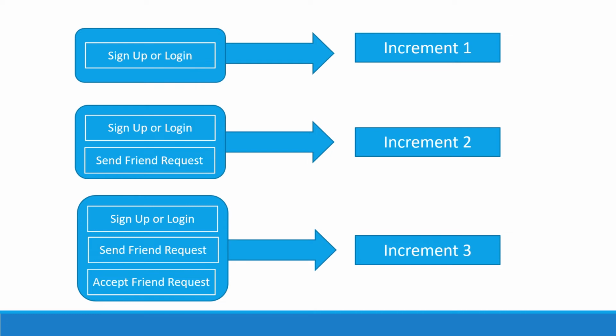After the sign up or login module, as shown in increment 1, is constructed, we begin our second increment, which is send friend request. After this module is ready, we integrate it with the previous increment. Similarly, in the third increment, the whole product is ready and integrated. Hence, the product got ready step by step.